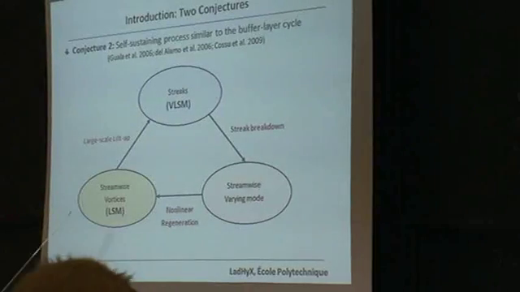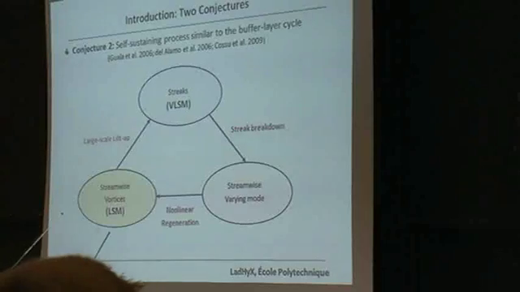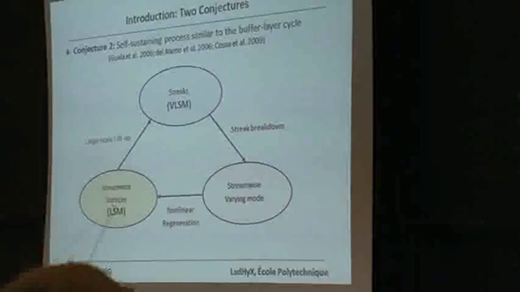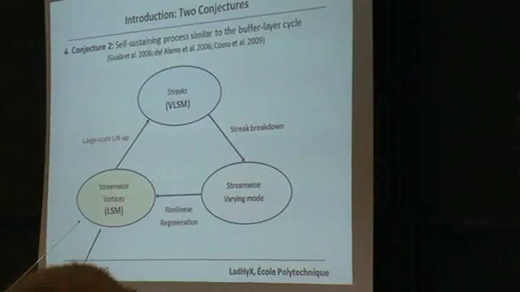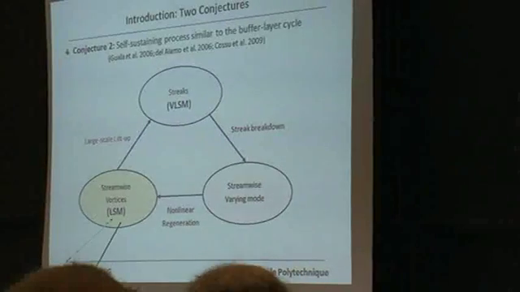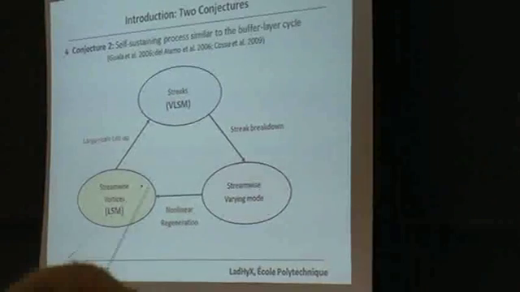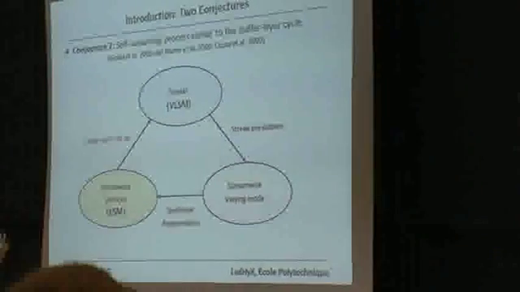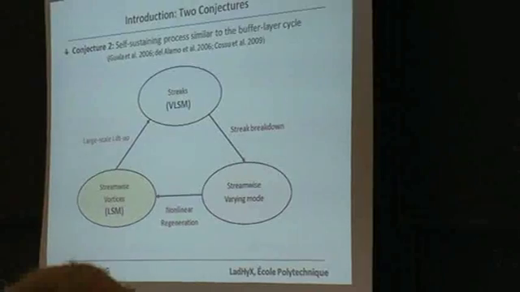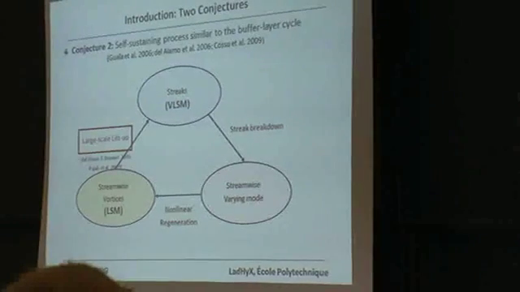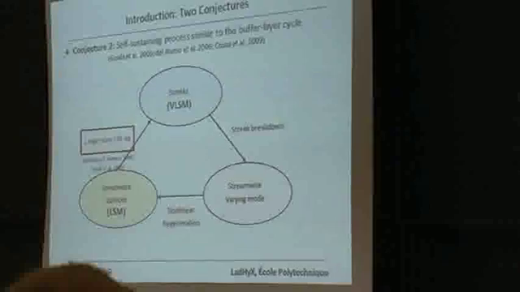By the same analogy, it is conjectured that the streamwise vortex controls the large-scale motion or vortex packet, which is converted to streaks by the lift-up effect, and then we have a similar cycle.